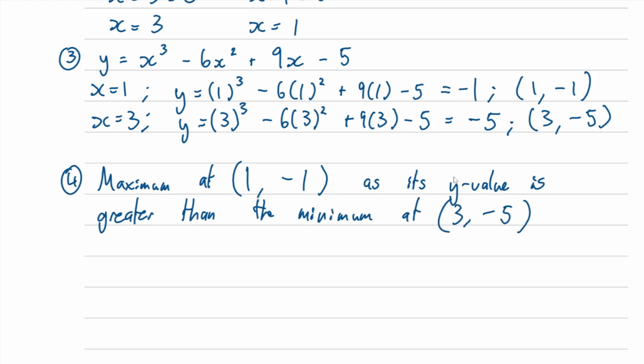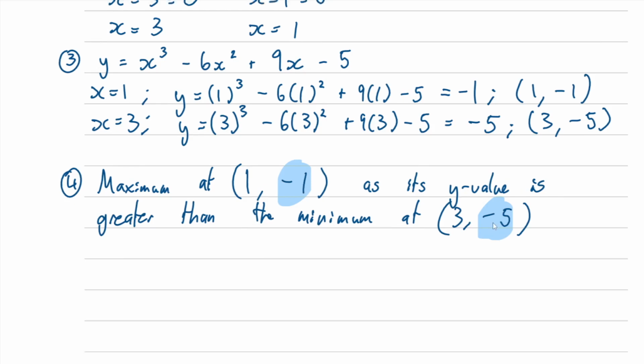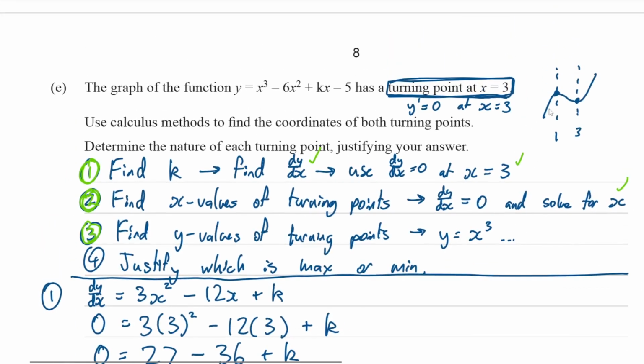And that would be sufficient, right? We just compared this y value to that y value. And since negative 1 is greater than negative 5, it must be the maximum. Alternatively, we could mention that since it's a positive cubic, the maximum corresponds to the turning point with the lower x value. Right? The maximum comes first before the minimum, reading left to right. Also perfectly fine.